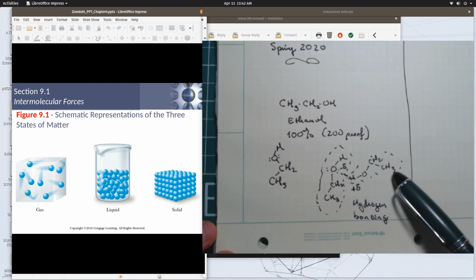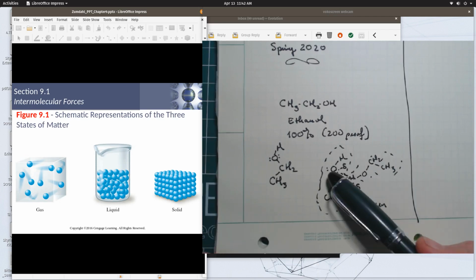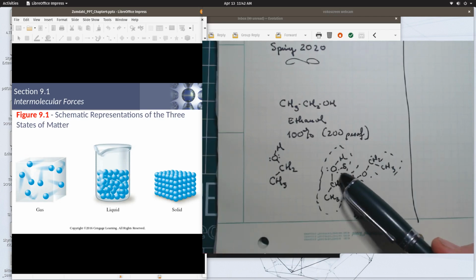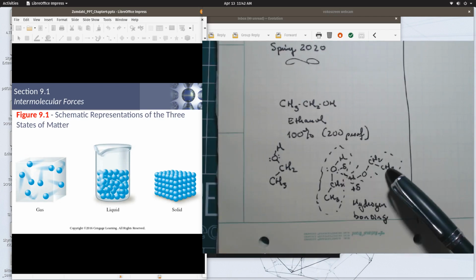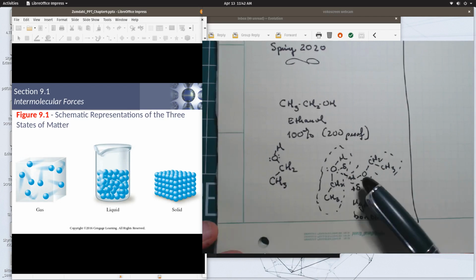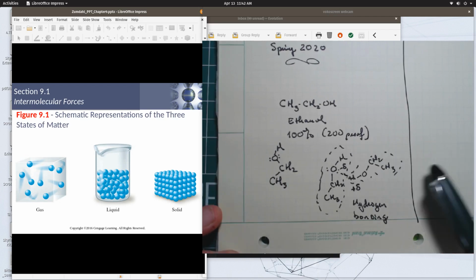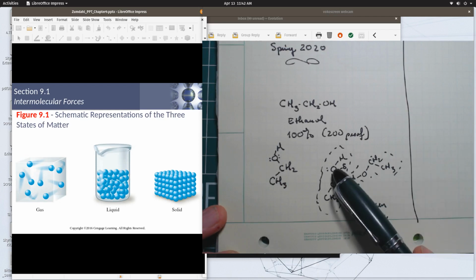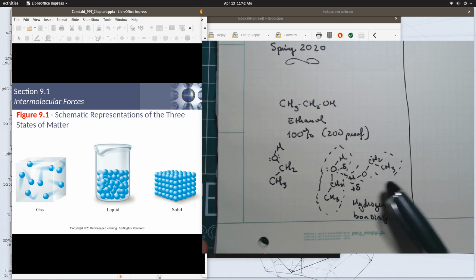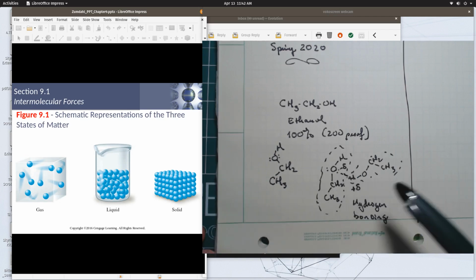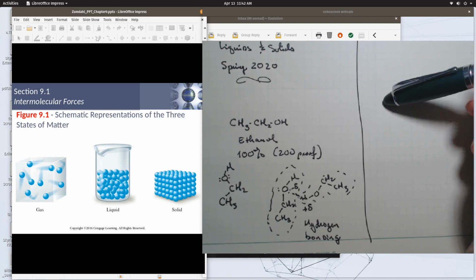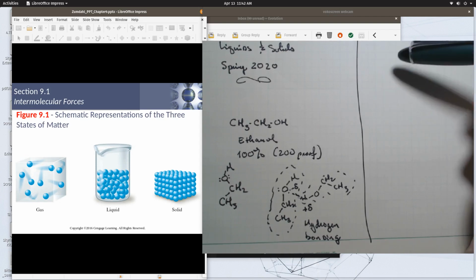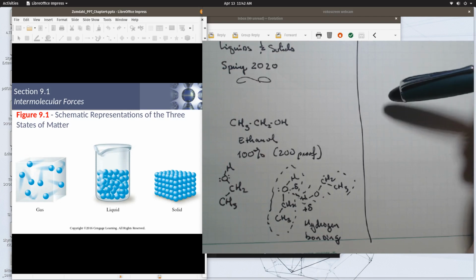Even though the molecules can move around, they're breaking and forming these hydrogen bonds all the time. But as I move farther and farther away from one atom site to the next and to the next, I lose that local structure. So I could say that a liquid has short range local structure and no long range structure.